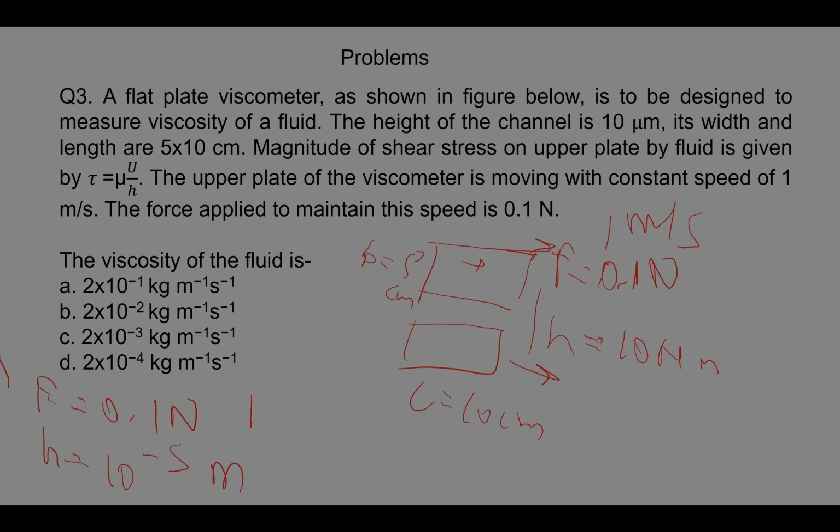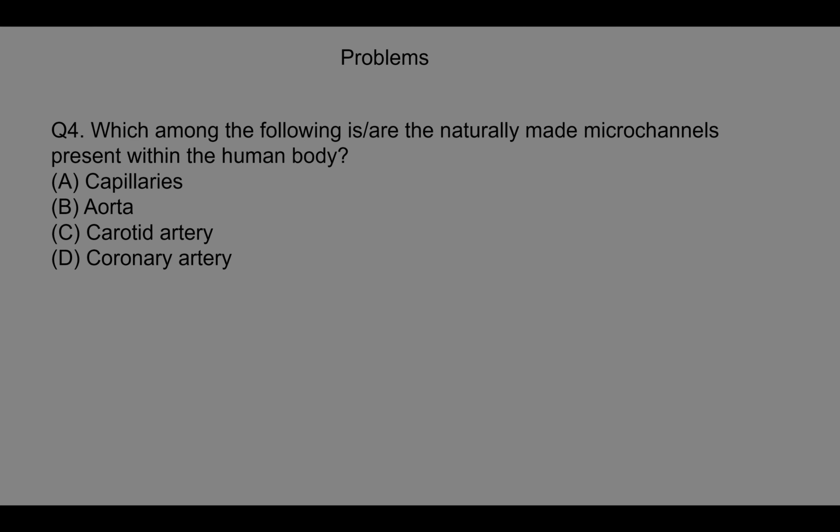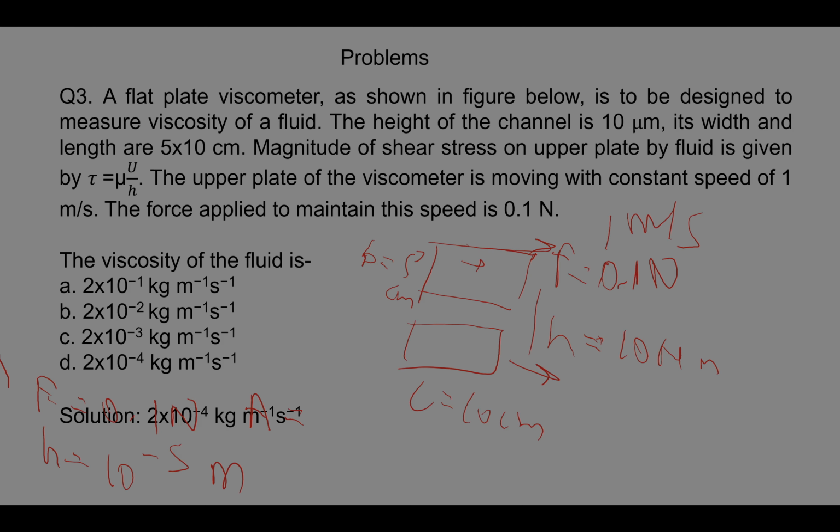Then area is mentioned as 50 centimeters square. So here it should be square of our dimension. So 50 centimeters square we have to convert into meter, 10 to the power minus 2 meter.